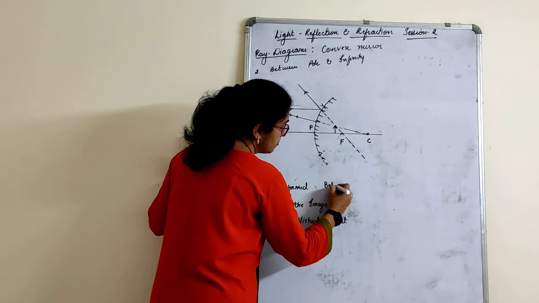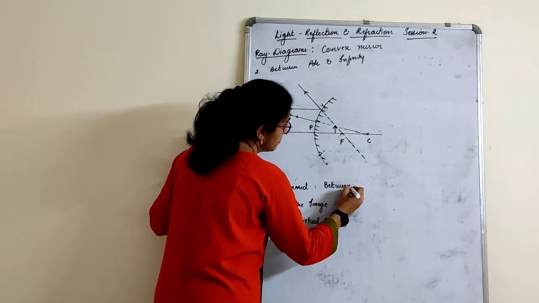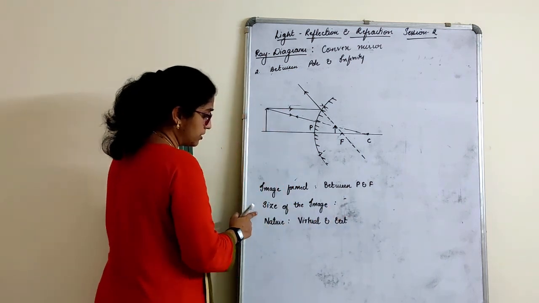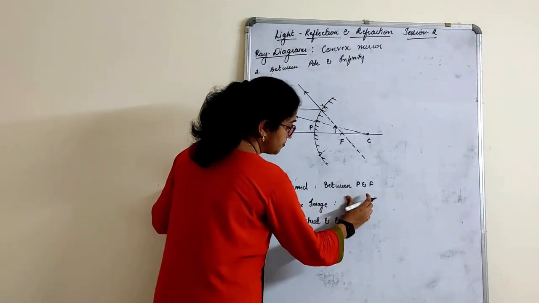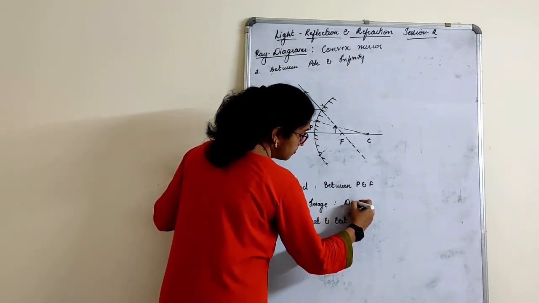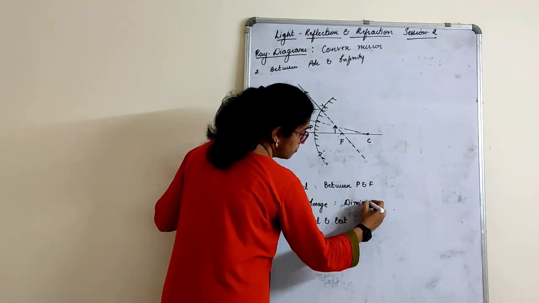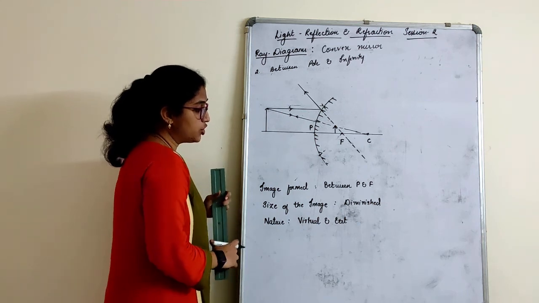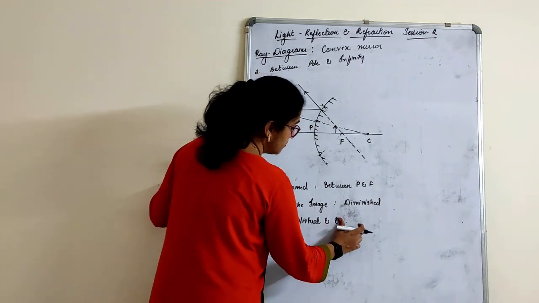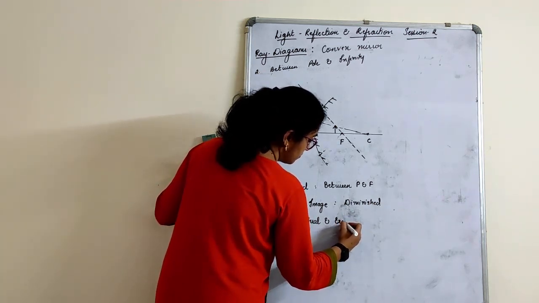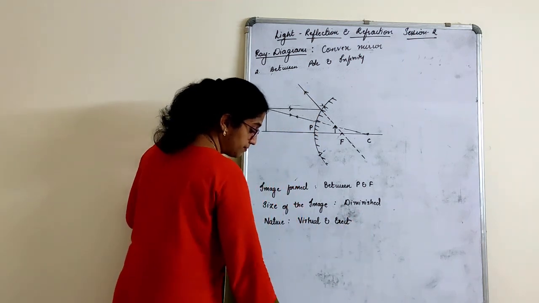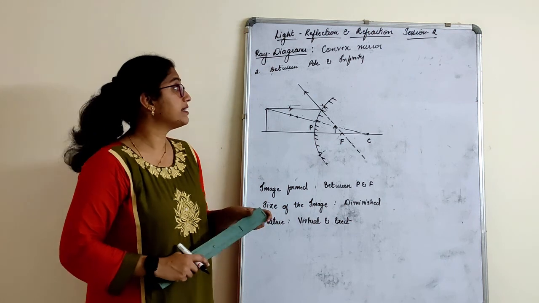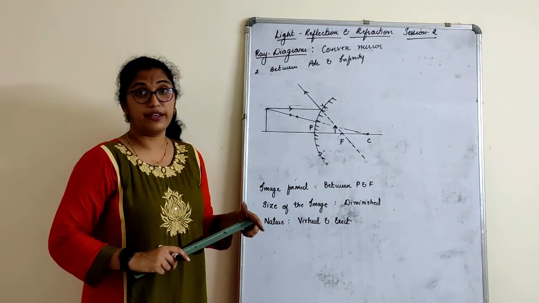Between P and F, between pole and focus. Size of the image diminished. Nature of the image virtual and erect. Right?